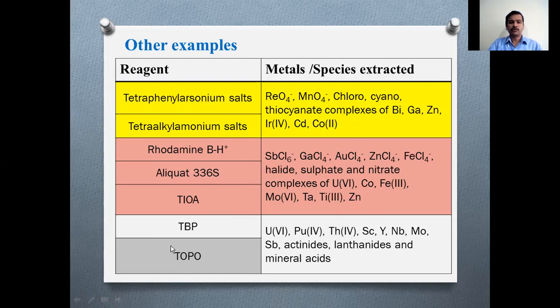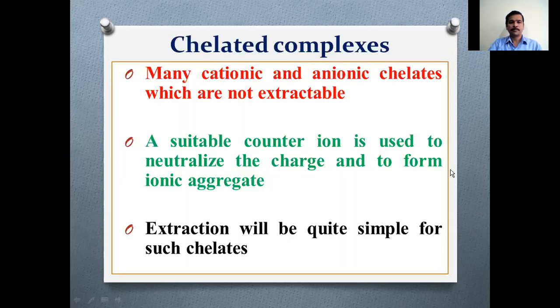And these are the selective reagents we will be using: tetraphenyl arsonium salts, tetraalkyl ammonium salts, rhodamine BH+, Aliquat 336S, which is a liquid anion exchanger. Triisooctylamine is also a liquid anion exchanger, as are TBP and TOPO. So these are the typical reagents we can use for the extraction of these species.